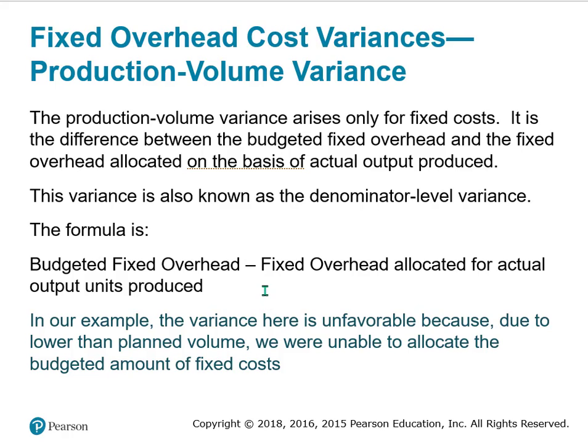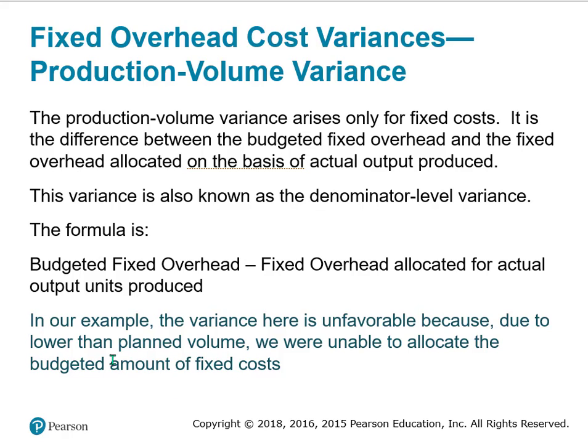And here's the formula for it: the budgeted fixed overhead minus what's allocated for actual units produced. That gives us our production volume variance. In the example, the variance is unfavorable because, due to lower than planned volume, we were unable to allocate the budgeted amount of fixed cost.